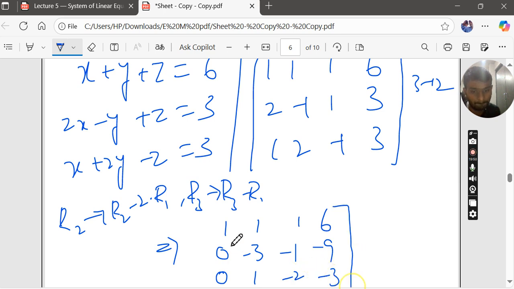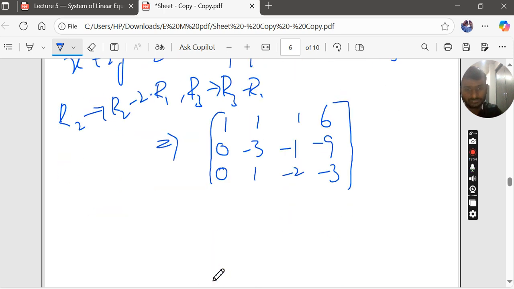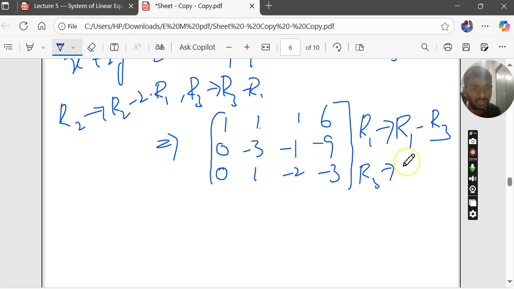Okay, now you are having this solution. Now again, what is the next step? You can make this a 0 and this term a 0 by R1 implies R1 minus R3, I can use R3, it will be simple, right? And R3 implies 3 times R3 plus R2.